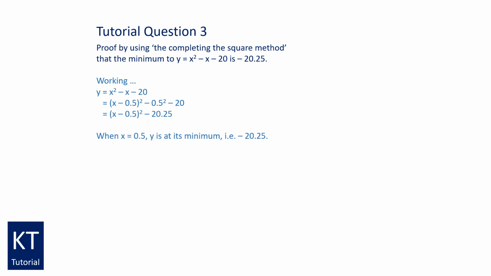By converting y equals x squared minus x minus 20 to the bracket of (x minus 0.5) squared minus 20.25, it is obvious from the equation that when x equals 0.5, this component becomes 0, and its y value, which is also its minimum, will be minus 20.25.